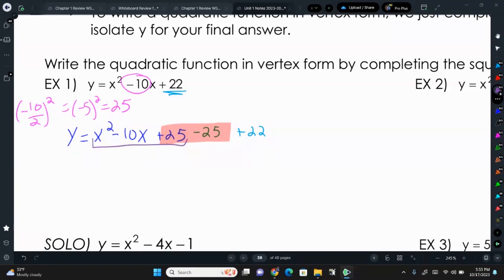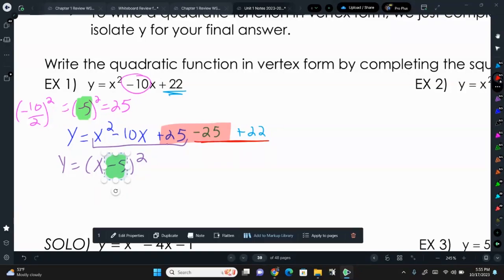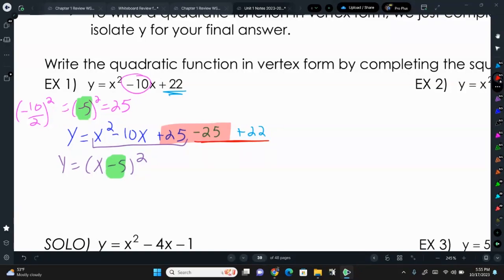And remember, that's going to factor to x minus 5 squared. Because of this negative 5 we got up here, it's going to be minus 5 down here. And then we can combine our like terms here. This negative 25 plus 22 is negative 3. So our quadratic is y equals x minus 5 squared minus 3, making our vertex positive 5 comma negative 3.